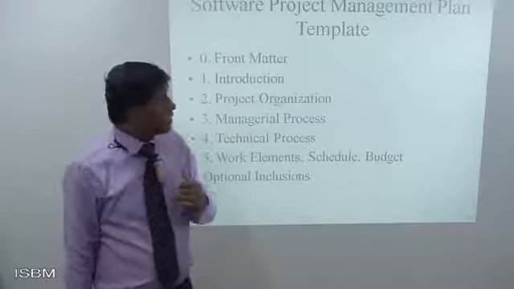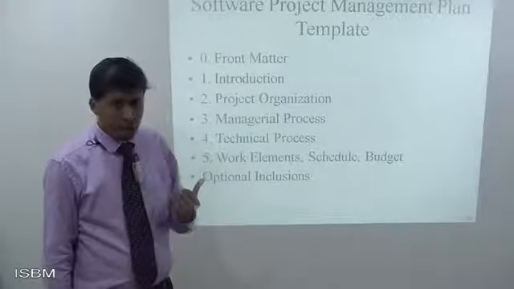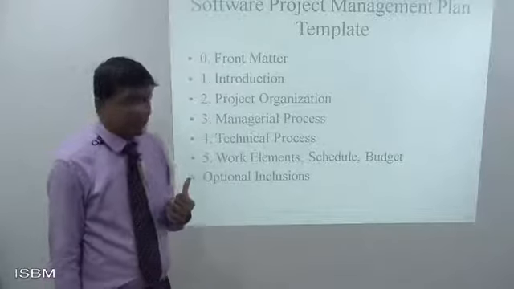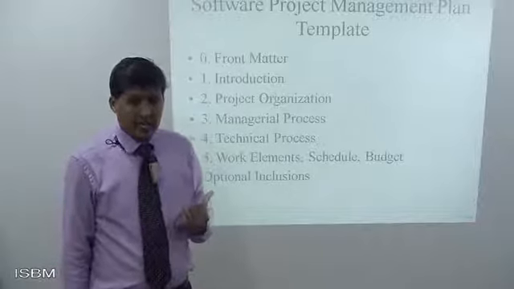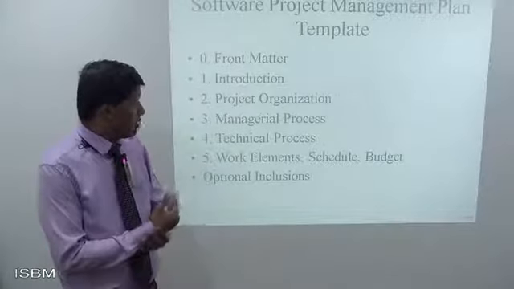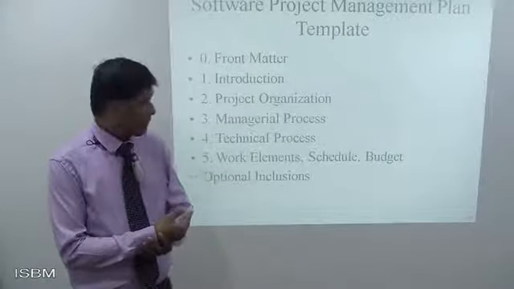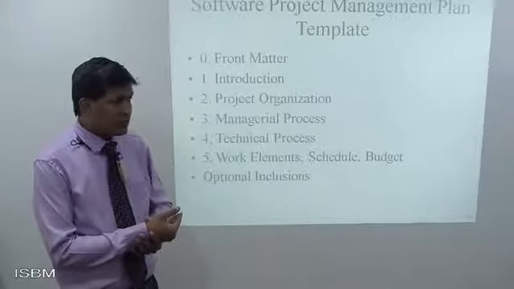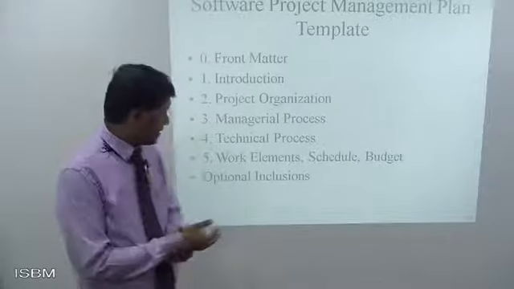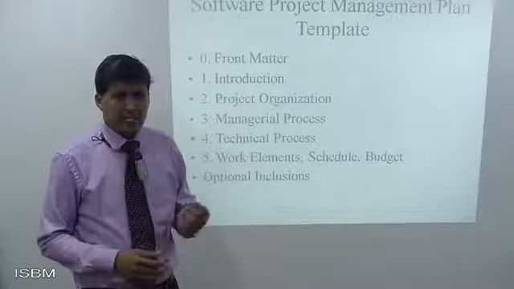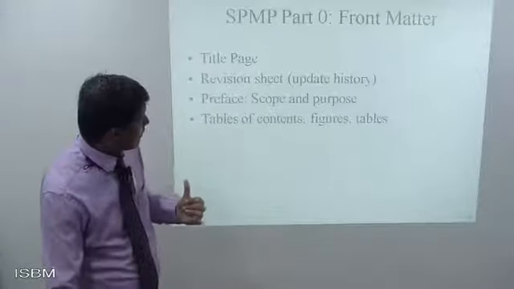So when we look into the template, what all things will we have? It will have a front matter, introduction, project organization, managerial process, technical process, work element, schedule, budget, and optional inclusions as well. And we'll look into them one by one.